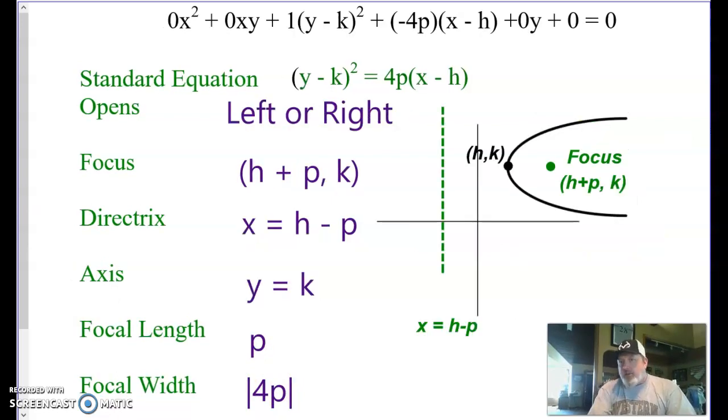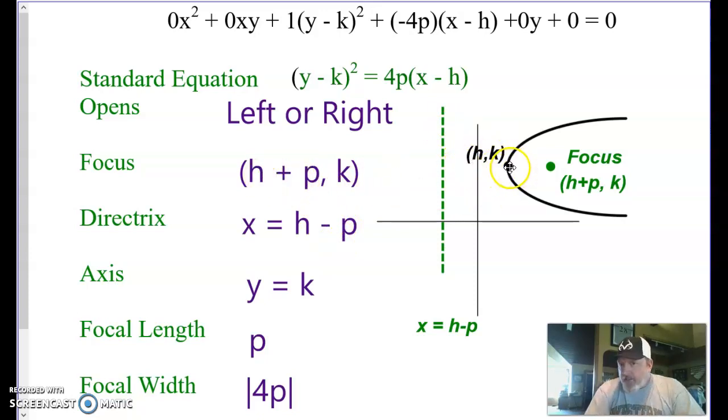Now with y squared, it's going to open left or right. Again, the focus is right here on the value of this number. If this is positive, it's going to open to the right. If this number right here is negative, it's going to open to the left. Now we add and subtract that p value to the h value of the vertex.